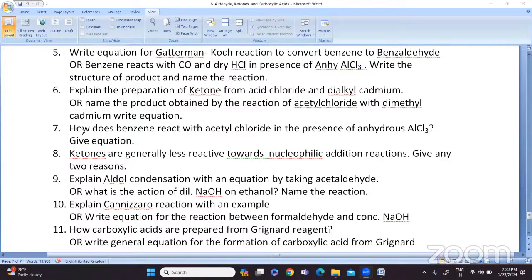How does benzene react with acetyl chloride in the presence of anhydrous AlCl3? Give equation.